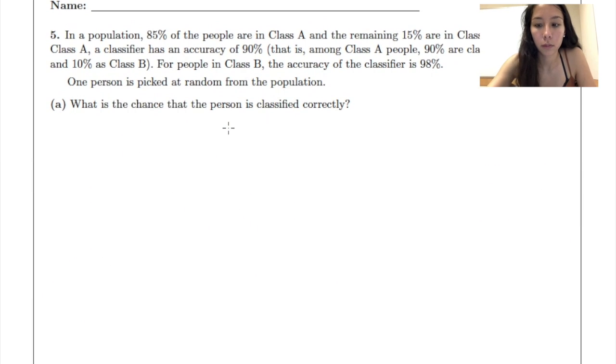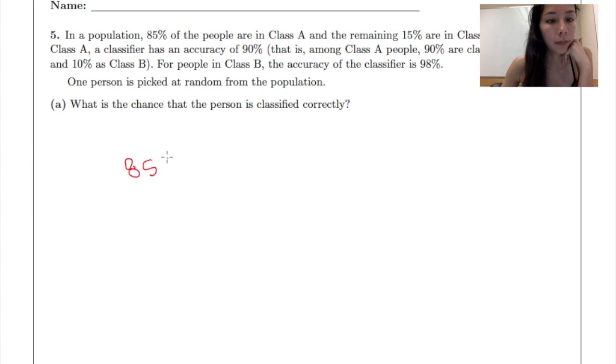Okay. Number 5. In a population, 85% of the people are in class A, and the remaining 15% are in class B. So 85% are in A, 15% are in B. For people in class A, a classifier has an accuracy of 90%.